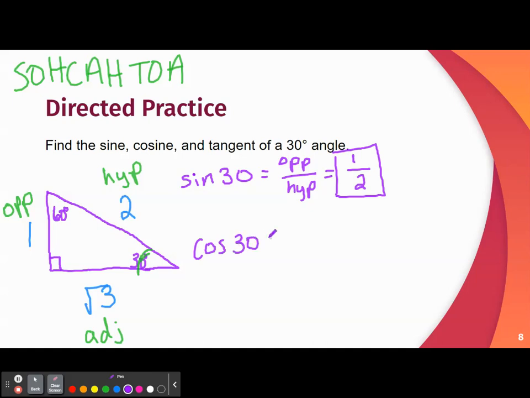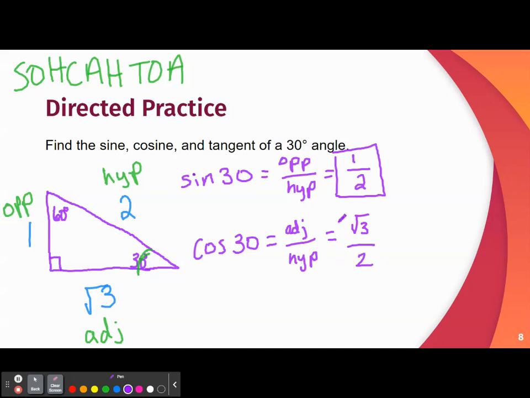Ivy, what's the formula for cosine of 30? And what numbers would I plug in for adjacent and hypotenuse? Okay, and is there anything I need to do to that to simplify it?